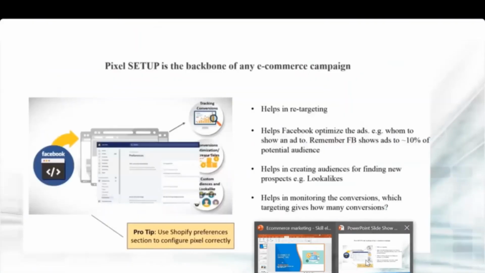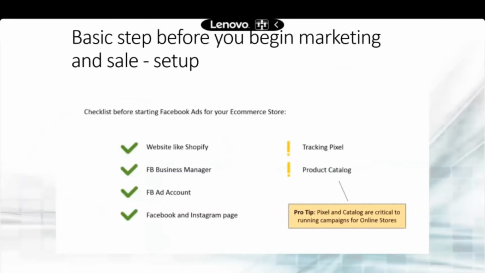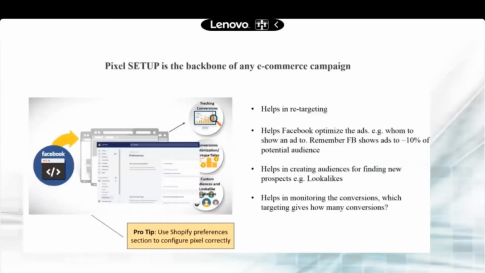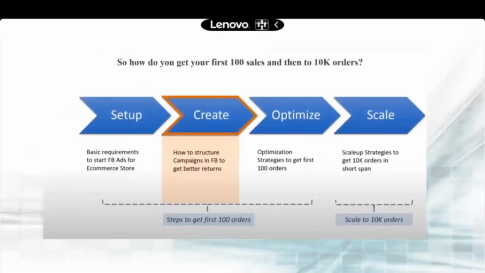So that's how you create a pixel, and the pixel is very, very important. These are the prerequisites before you begin marketing and selling your products. We had a walkthrough of how to set up a catalog. The first step was setting up.